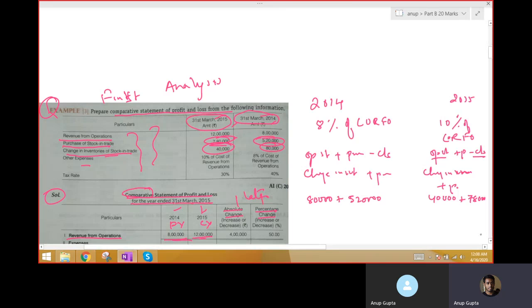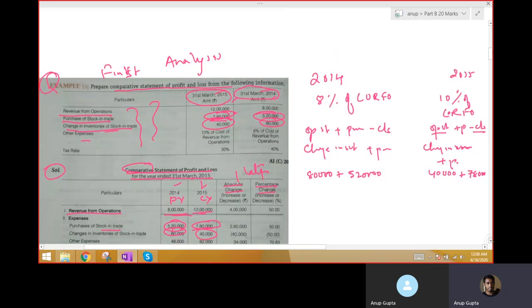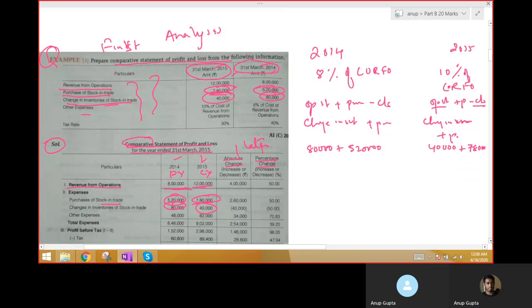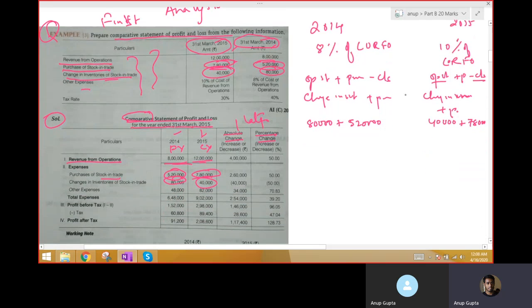Total becomes 6 lakh, and here the total becomes 8,20,000. What is this? This is cost of material consumed. This is cost of revenue from operation, also known as cost of material consumed.